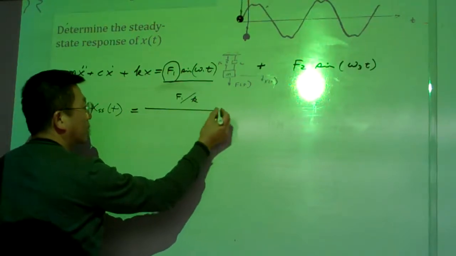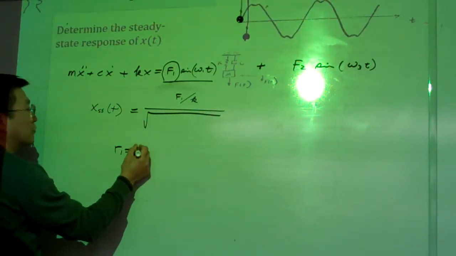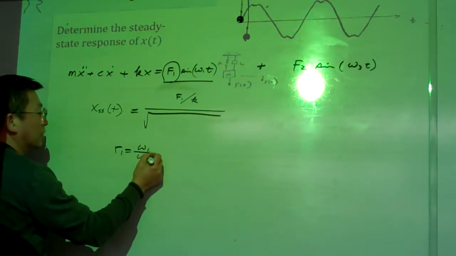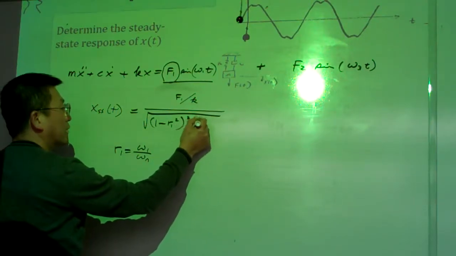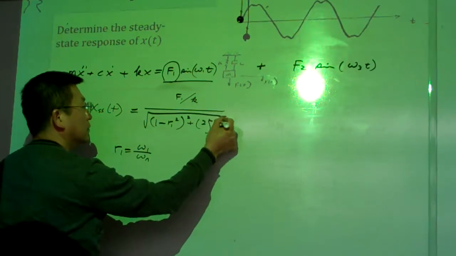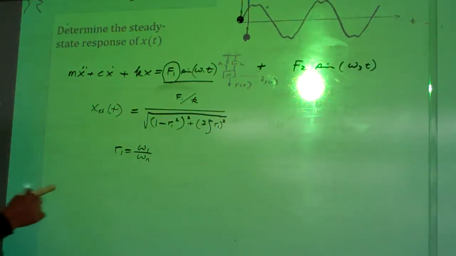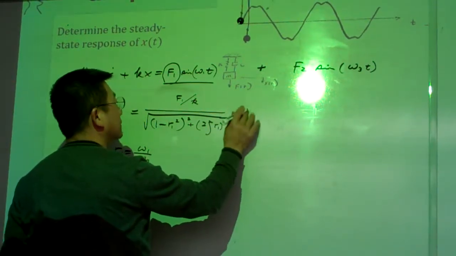Let me define R1 equal to omega 1 divided by omega n. So here is the square root of (1 minus R1 squared) squared plus (2 zeta R1) squared. And then, sorry, here it is sine.